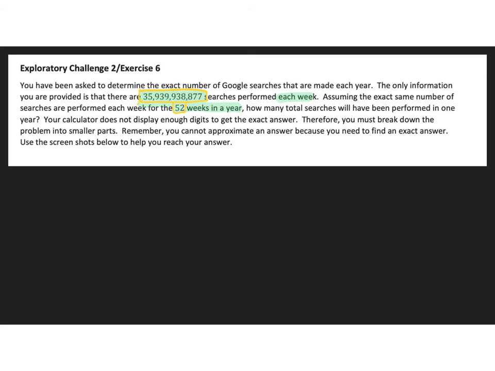So the first thing we have to do is write this number in scientific notation. So please pause this video and do that on your own, and then press play once you have it written down.